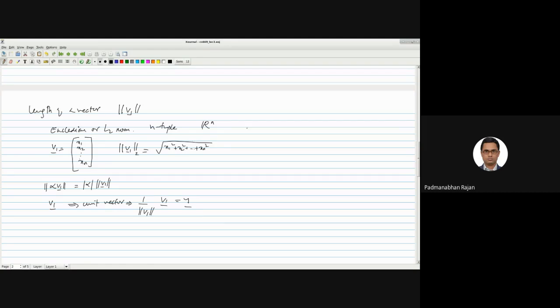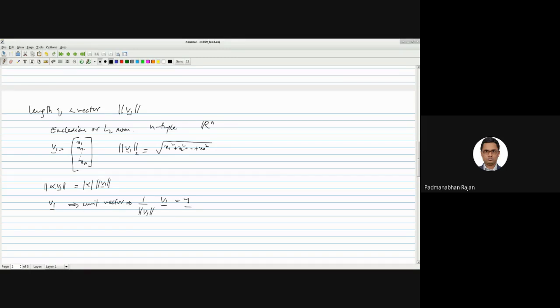In some sense, it is like the max. Any other norm? You must have heard of the L1 norm. Yeah, L1 norm is basically just the sum of the absolute values of the elements, and also the L0 norm, which is the number of non-zero elements. So based on the different applications, we'll be using different norms.